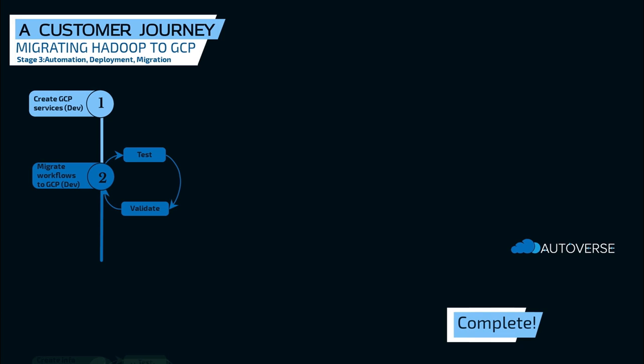It can be a lot of work. Or if you are staying within Dataproc, it can be very, very simple. But for everything that is migrated, every workflow, every processing unit will need to be tested and validated in this step for each of the services that you are using.